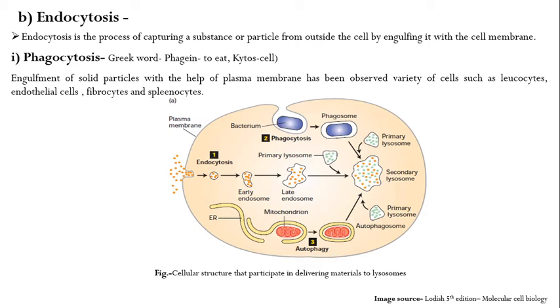Third is autophagy. Auto means self, self organelle eating, that is autophagy. In endocytosis, when the material is liquid it is pinocytosis, and phagocytosis is when the material is solid, like bacteria.